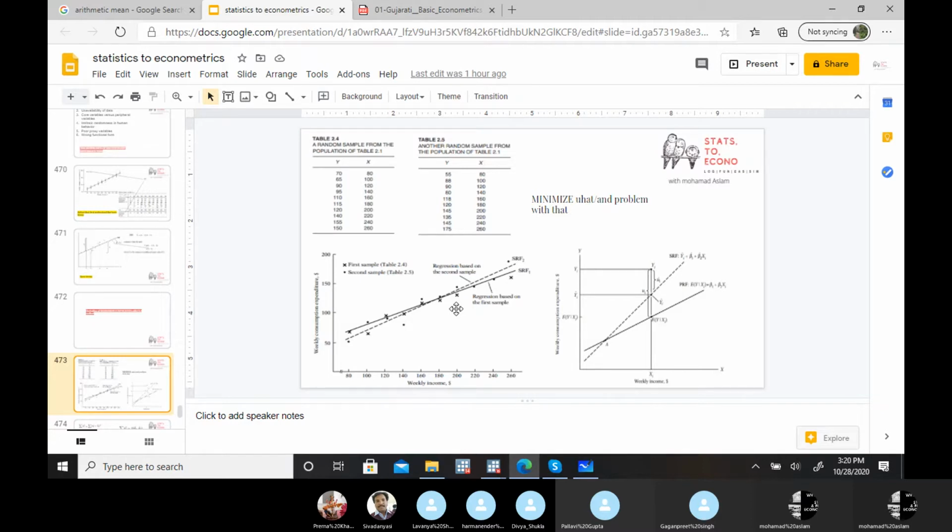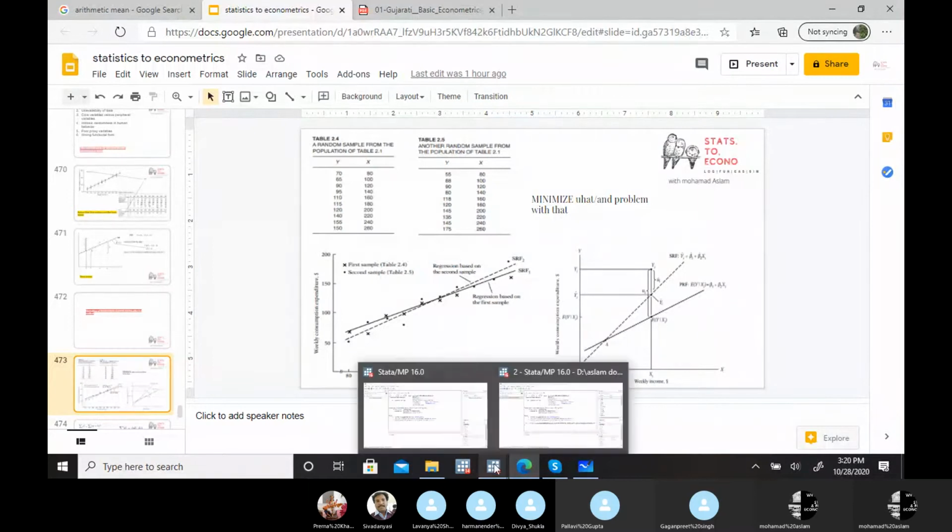Meaning if actual values are near estimated values, then that's a better regression line. But the problem is, if we have two different sample regression functions from two different data sets, their estimators are different, but it's possible that their summation of u hat is going to be zero.